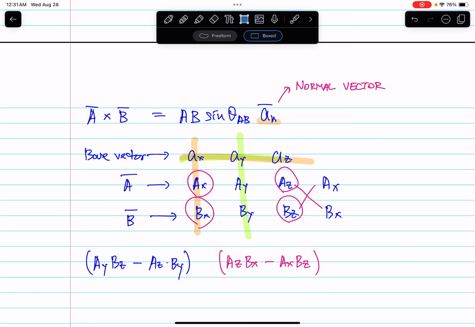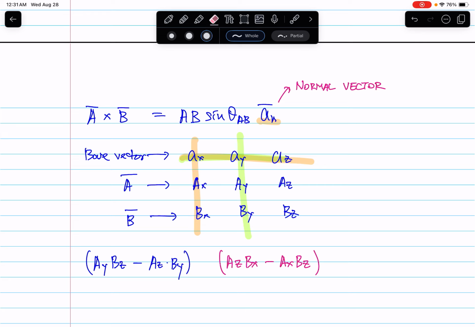Now the third chunk. I'm going to erase this. For the third, we're going to wipe out the first row and the last column, and we're going to do the cross multiplication using those.